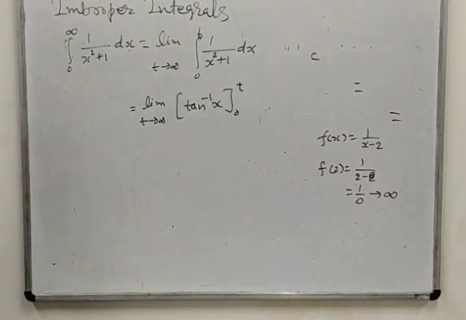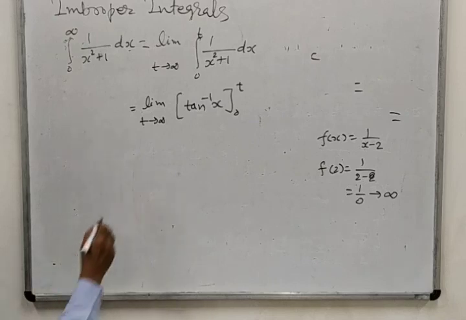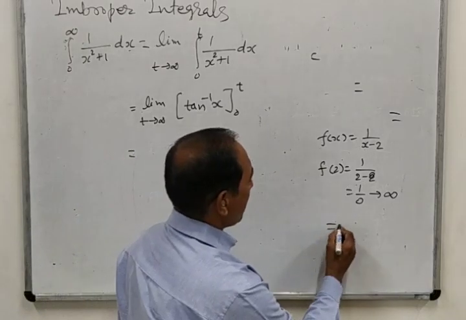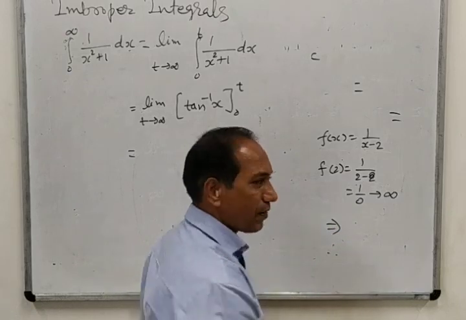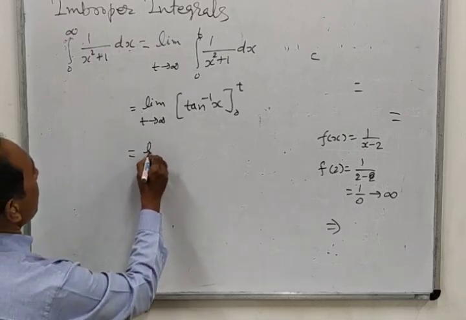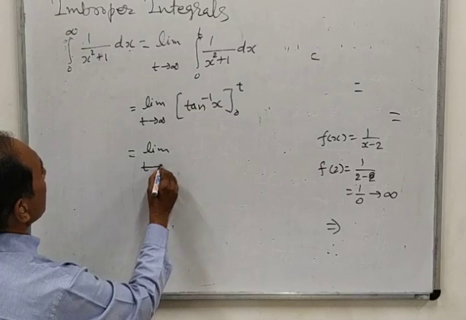It looks bad. And one more thing you have to remember: whenever implies or therefore is required, you always use this kind of symbol in mathematics, because this reflects a good impression for you. So now limit t tends to infinity.